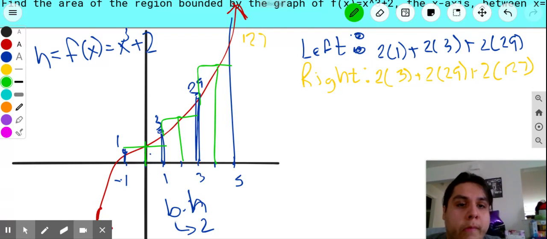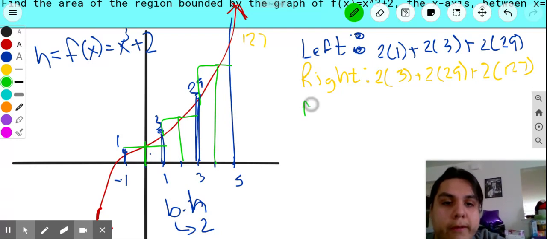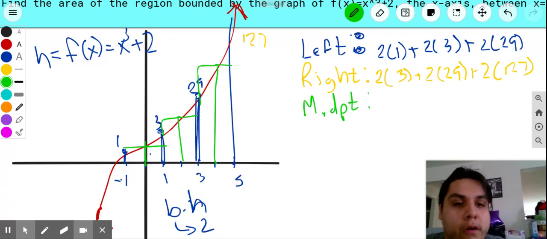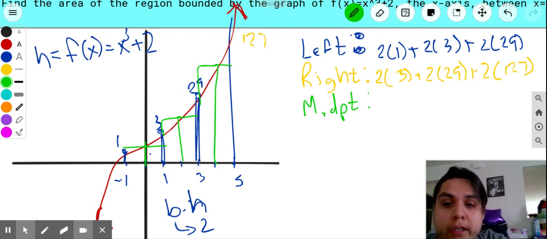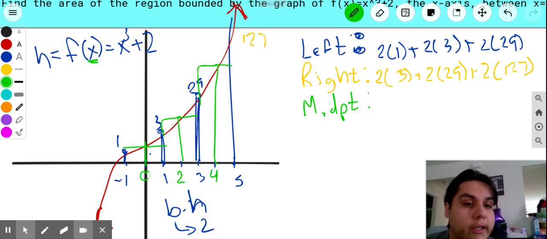All right. So if we talk about the midpoint estimation, all I'm doing is just finding the midpoints. Instead of using -1 or 1 as my x value, I would use 0, 2, and 4 this time for my heights.